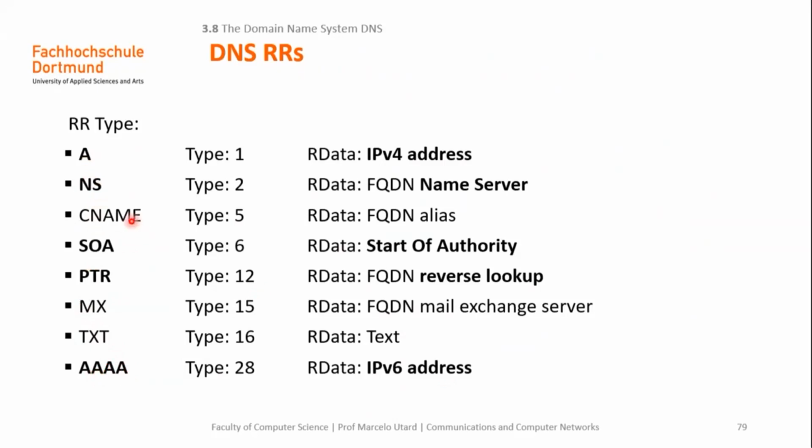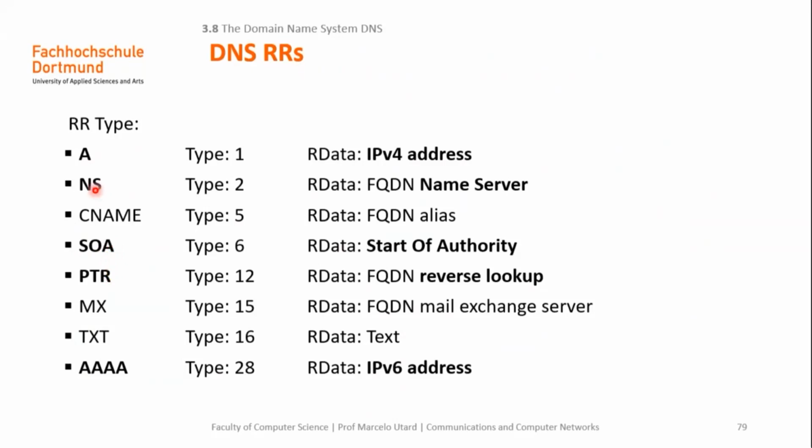For instance, any zone has one and only one record of type SOA, start of authority. We'll see the importance of this record in the zone. But any zone has one and only one SOA record, and there are other important records.